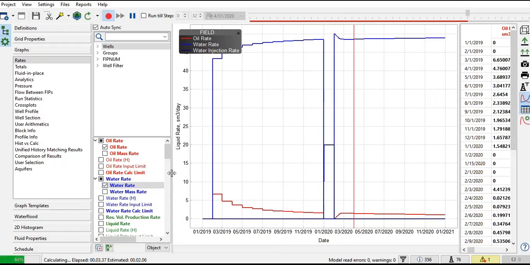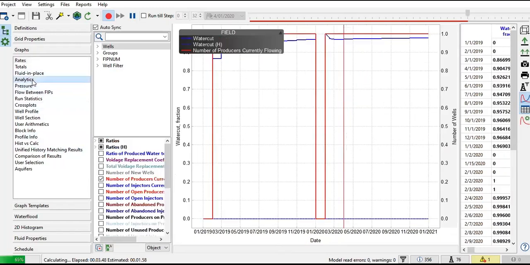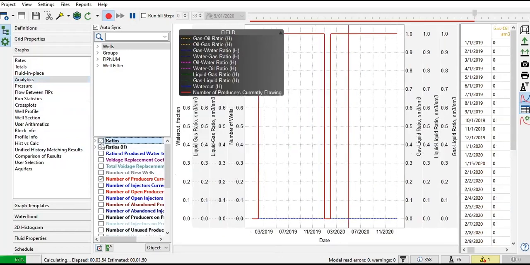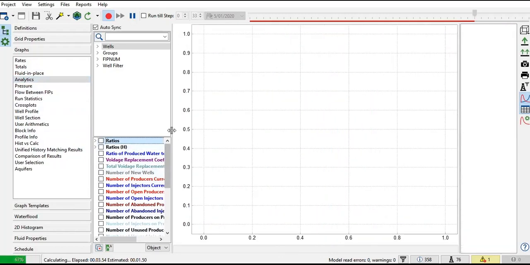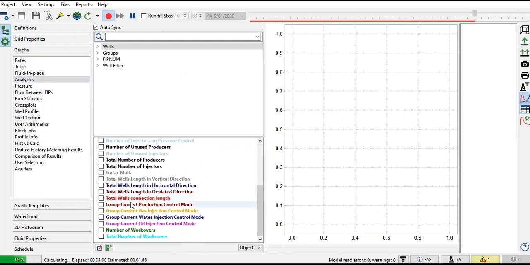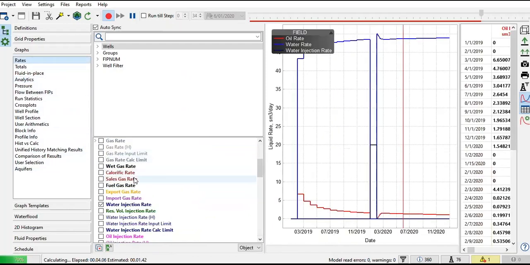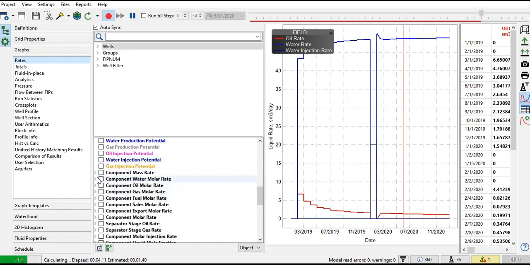And then we can also go to analytics, not ratio, expand, or maybe this one, component water molar rate actually.